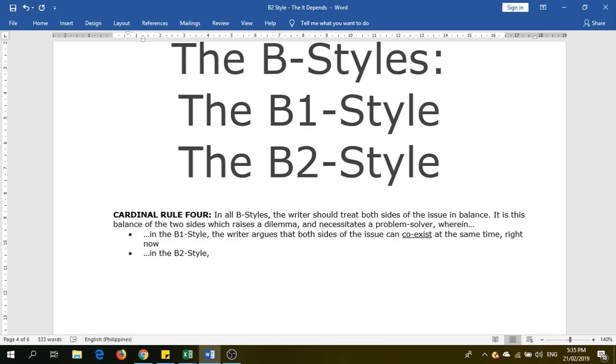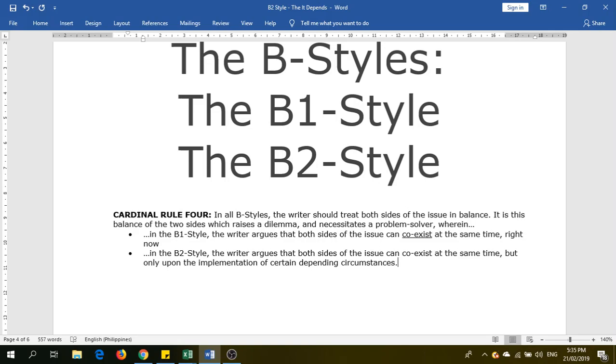So we can now add to our cardinal rule, which now states that in the B2 style, the writer argues that both sides of the issue can coexist. There's still that word coexist at the same time. And this is the qualifier: but only upon the implementation of certain depending circumstances.